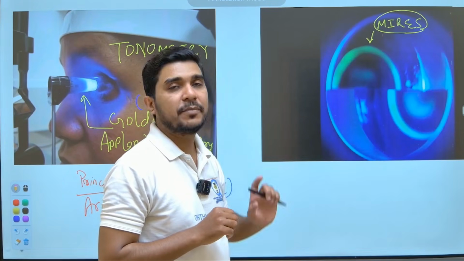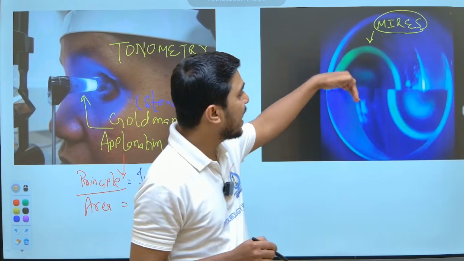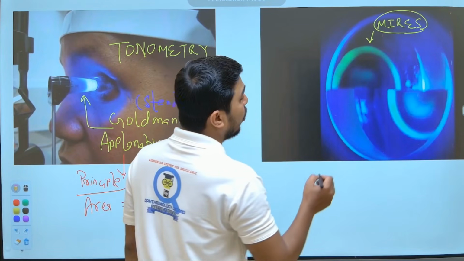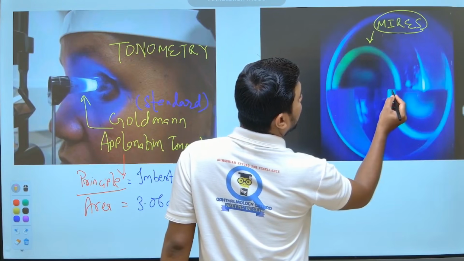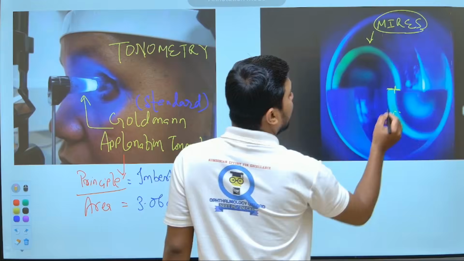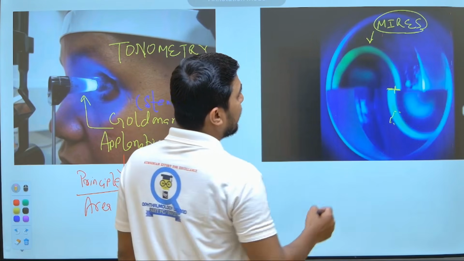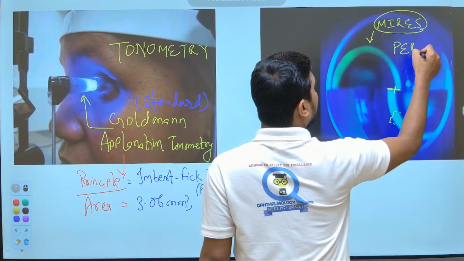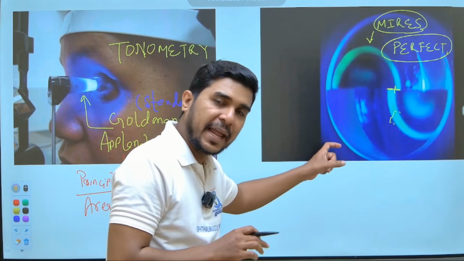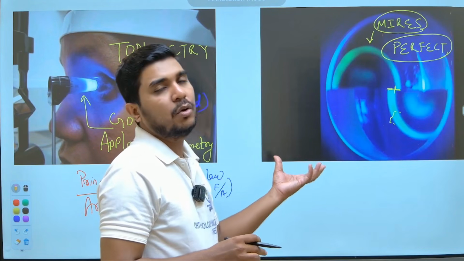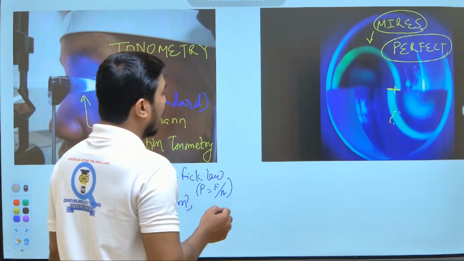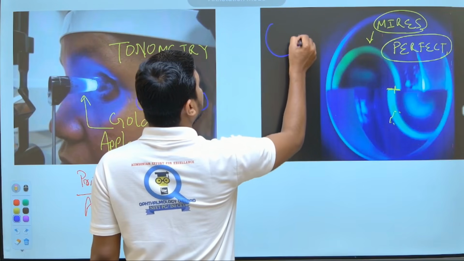So the alignment is very important. These are the mires that have to be aligned. And let me tell you, this is the perfect alignment. Look at this and this. So this is the perfect alignment. They can give you pictures of different types of alignment and ask you to answer.